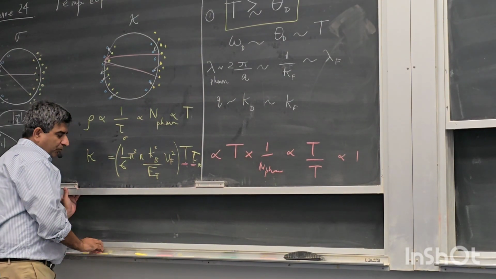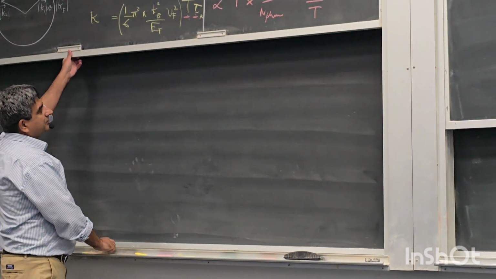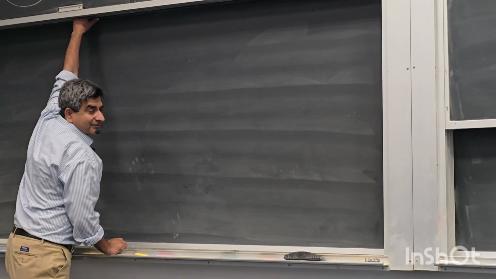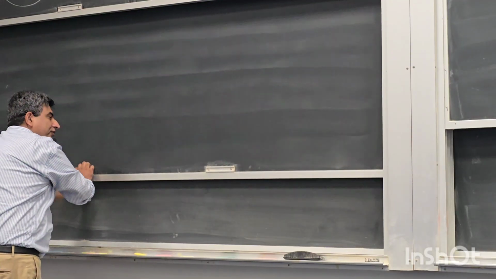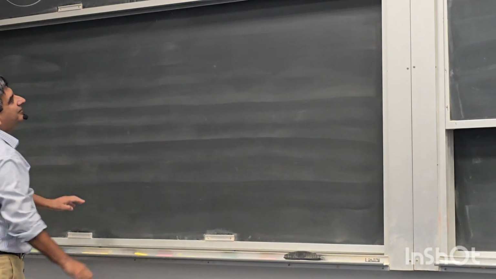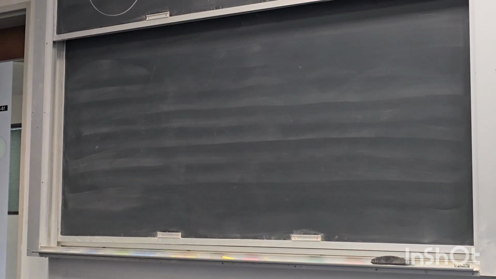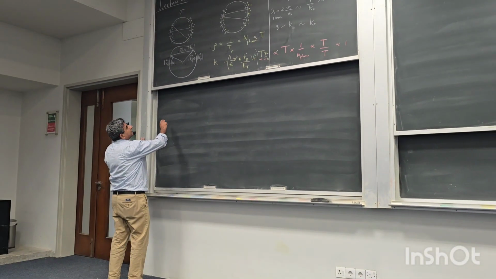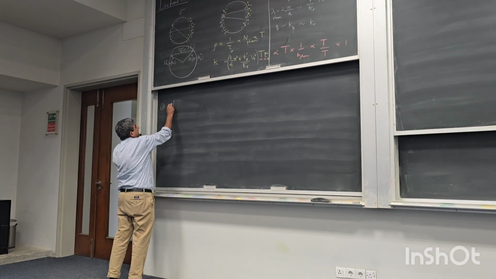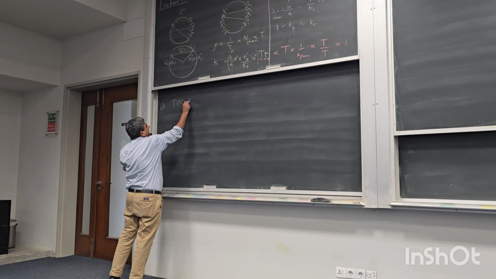Now in the small temperature regime, at the other extreme, or not too small temperatures. So what we have is, for the case when T is less than the Debye temperature.